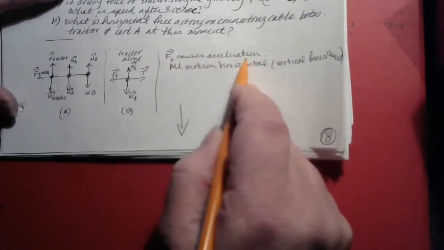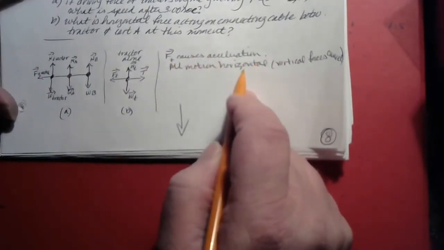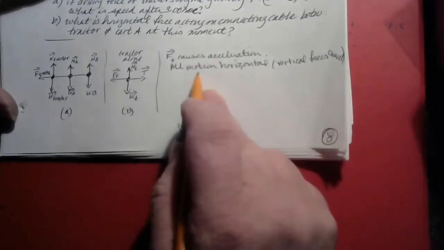In the horizontal direction, the only force that is acting on this baggage caravan would be the force of the tractor. And so it's F_t, that is the force of the tractor, that causes acceleration. And all of the motion is horizontal because the vertical forces cancel out.